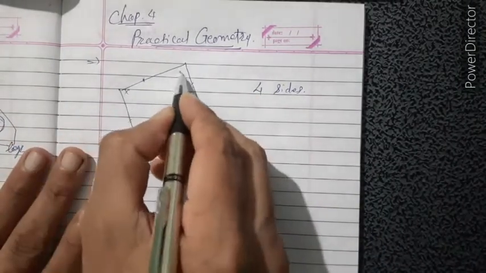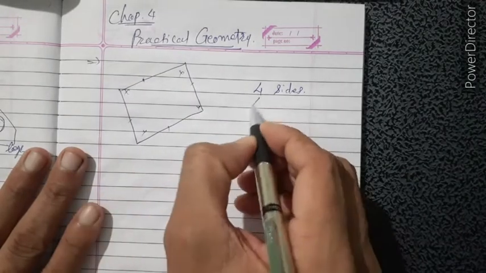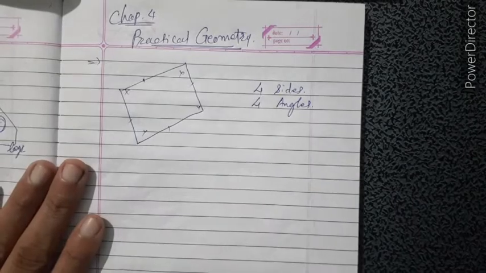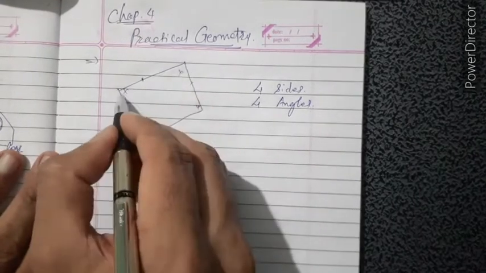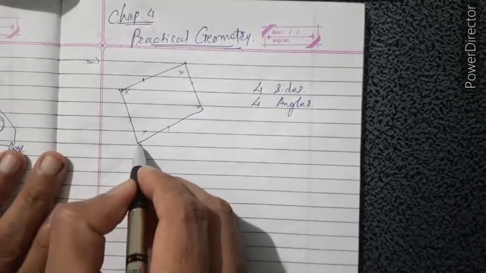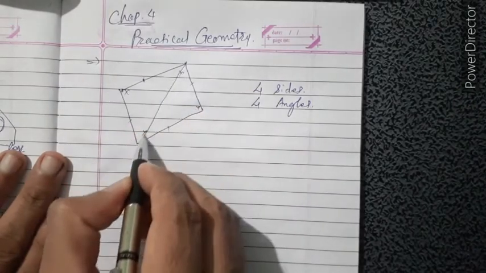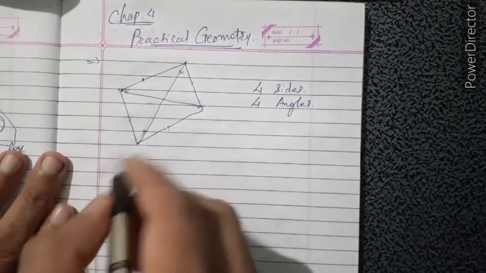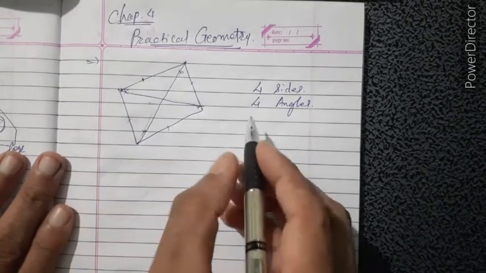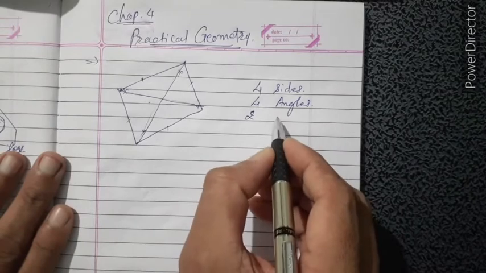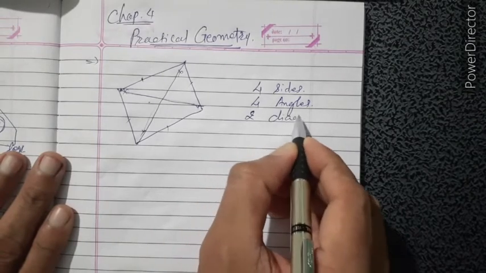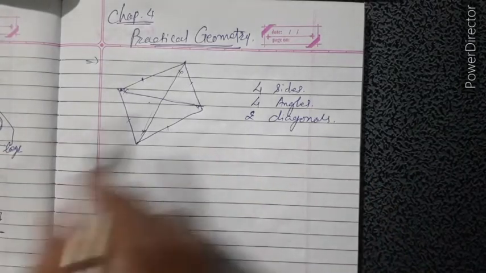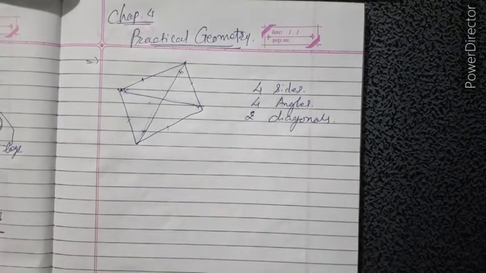Same, these 4 are the angles. It has 4 angles. And these are the 4 vertices. If we join the opposite vertices, we are having 2 line segments, called diagonals. So it has 2 diagonals, 4 angles and 4 sides.